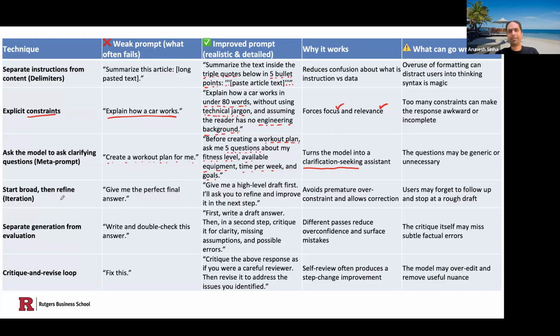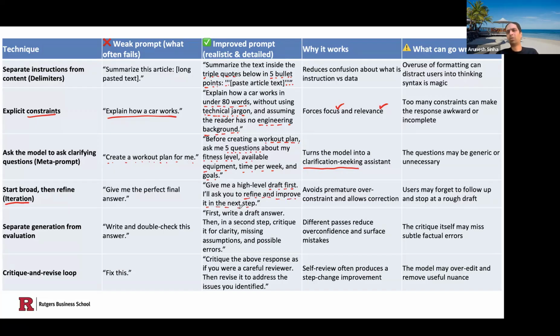The next thing is: start broad and then refine. Meaning you should not generate things in one iteration, particularly if what you're generating is complicated. So instead of telling it to give me some perfect final answer, you should do this in steps. First tell it, give me a high-level draft, I will ask you to refine and improve it in the next step.